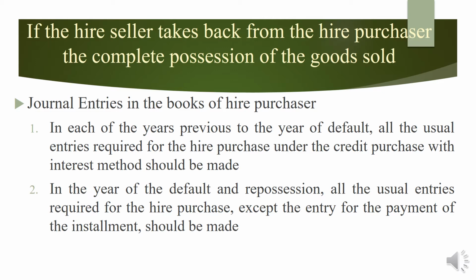In the year of default and repossession, all the journal entries are passed as usual except the entry for payment of the installment. Since the hire buyer has failed to pay the installment, that journal entry will not appear in this case.